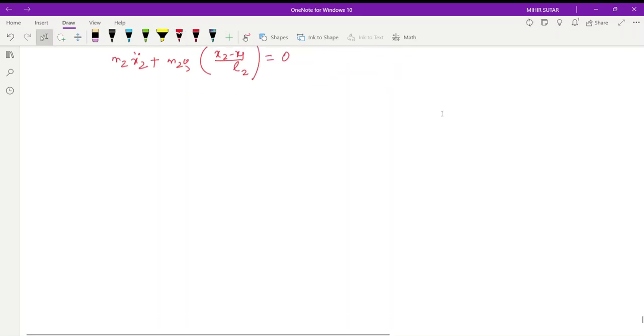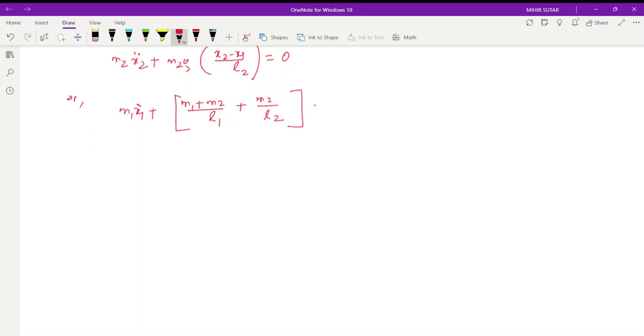Okay. So, or we can write m1 x1 double dot plus (m1 plus m2 by L1 plus m2 by L2) x1 g is equal to m2 by L2 x2 g.